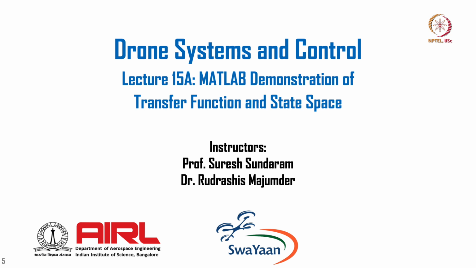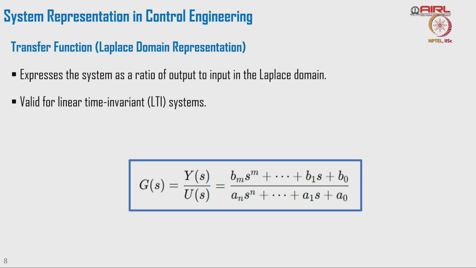By this time we know that both transfer function and state space analysis have significant importance in the study of control systems and in analyzing the performance of systems. Just to have a basic recap, the transfer function is a Laplace domain representation.